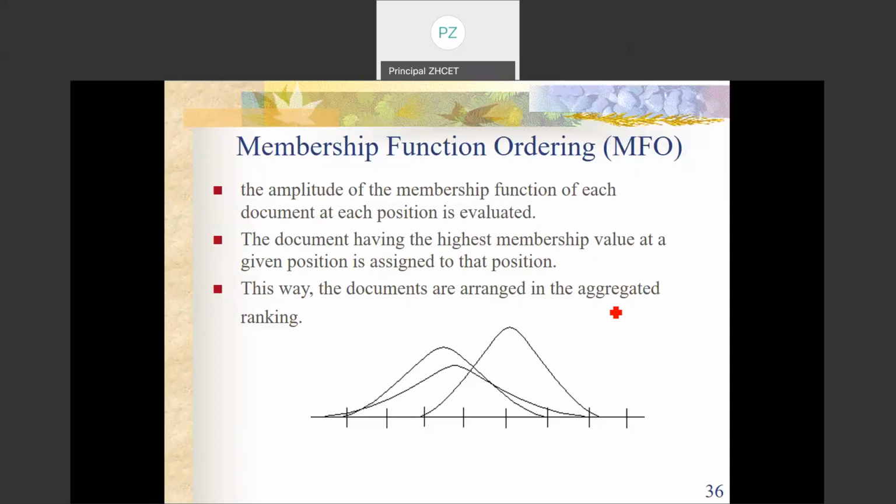So with that hope, we had gone to the Dubois and Prade method. But the Dubois and Prade method unfortunately turned out to be a brute force method and also gave bad results.